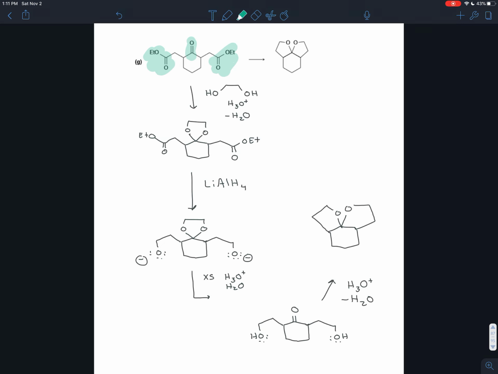And otherwise, the one cool thing that you see here that's really clever and good to know is that you can use diols to protect ketones.